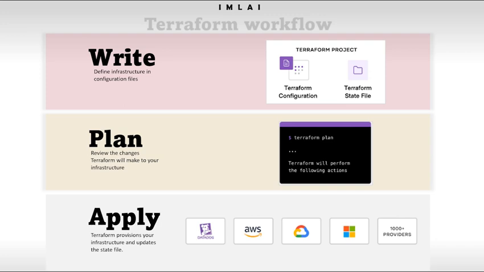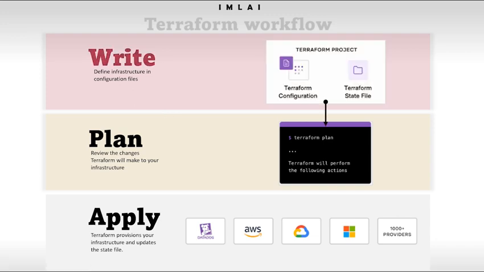Now the core Terraform workflow consists of three stages that you can see on your screen: write stage, plan stage, and apply stage. What happens in the write stage?